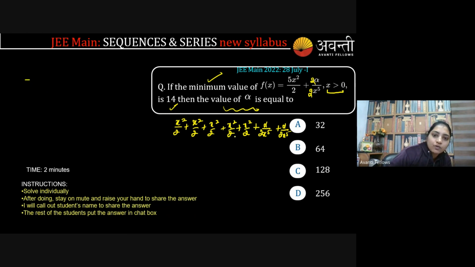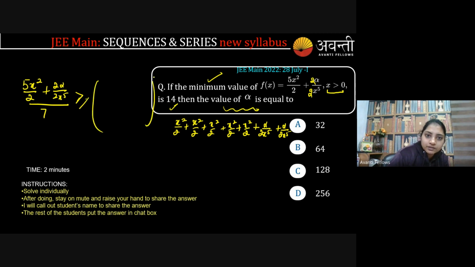If I add all these numbers, it means 5x squared by 2 plus 2 alpha by 2x raised to power 5, divided by 7, must be greater than or equal to the product of all these numbers raised to power 1 upon 7.